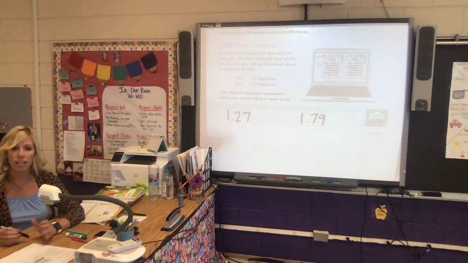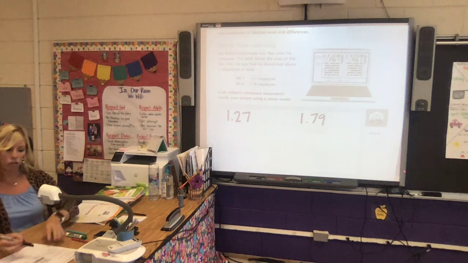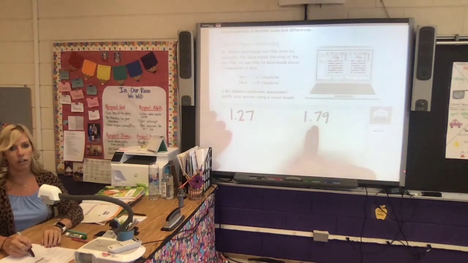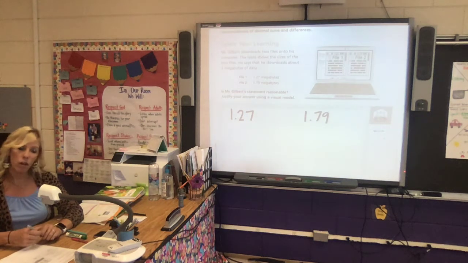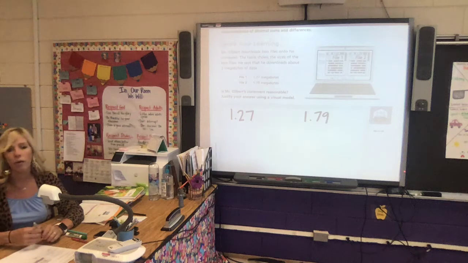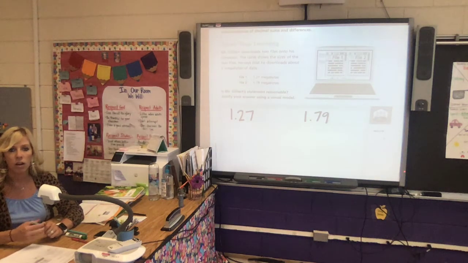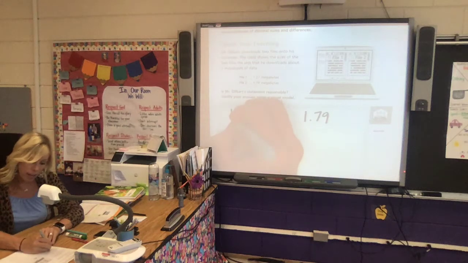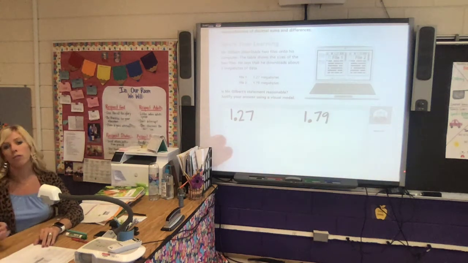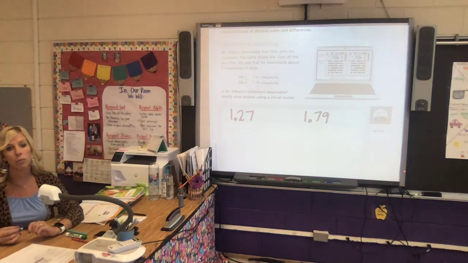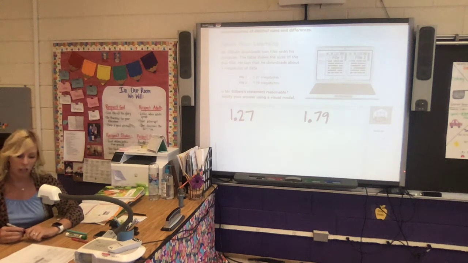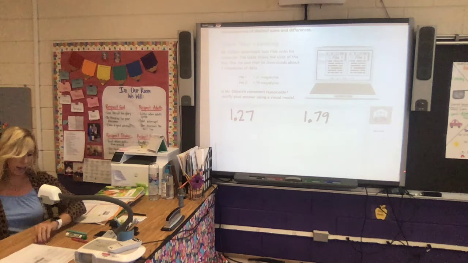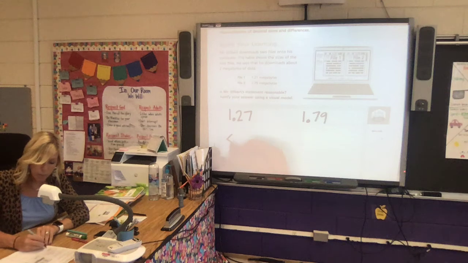So we need to look at this and say, if I put these 2 values together, would that be about 2? All right. If we were here together, I would ask you to just think for a second, what would be a good way to estimate or round or make a benchmark for our numbers? Now, one way we can do that is by representing a number line.